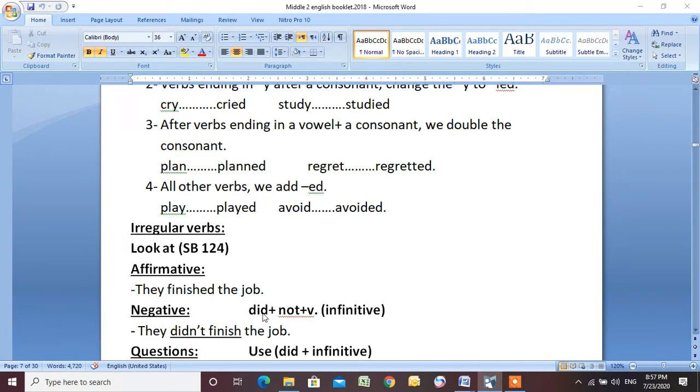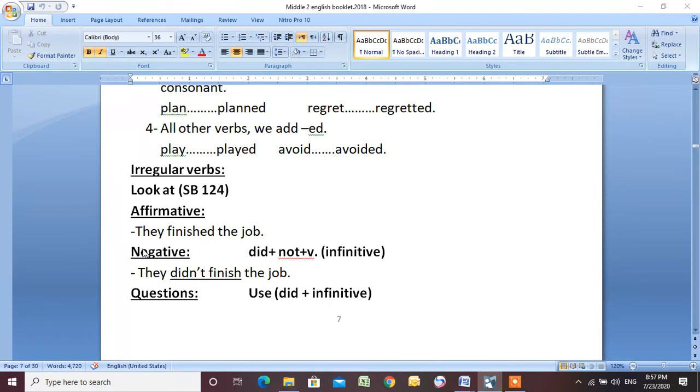How can we form the negative? To form the negative, we have to use did plus not, and we put the verb into the infinitive form. So they didn't finish, or they did not finish the job. If I say I bought a car, so that will be I didn't buy the car. I put did not and I put the verb in the infinitive.